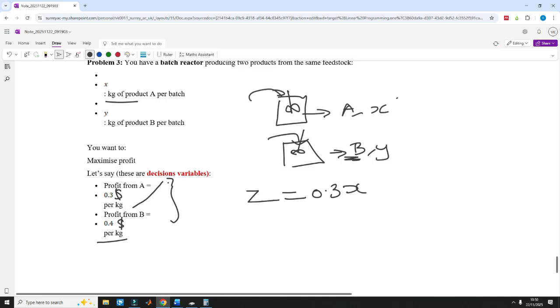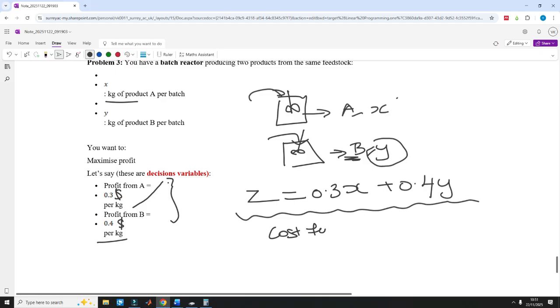So 0.3x, plus we get $0.4 per kg of B sold, and Y represents the kilograms of product B that we produce per batch. What we need to do is maximize this function. This function is called a cost function.